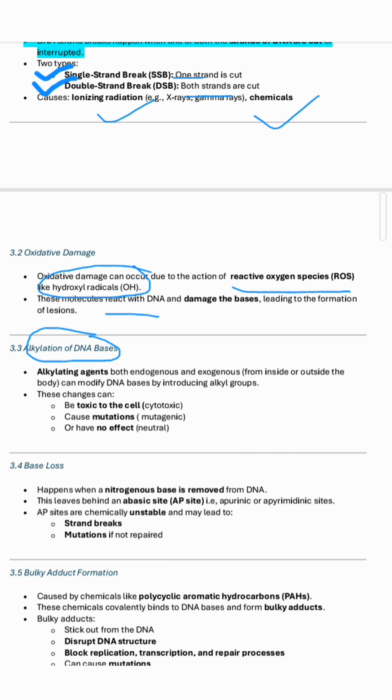Endogenous means from inside of the body and exogenous means outside of the body. So alkylating agents can modify DNA bases by adding alkyl groups. These changes can be cytotoxic, which means toxic to the cell, and cause mutation or have no effect.